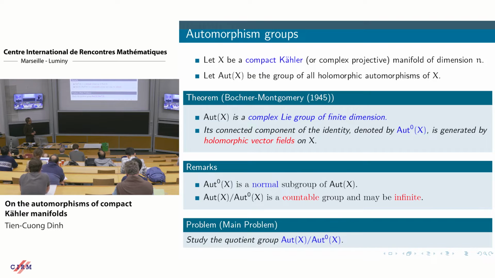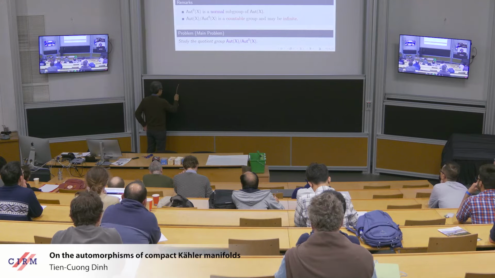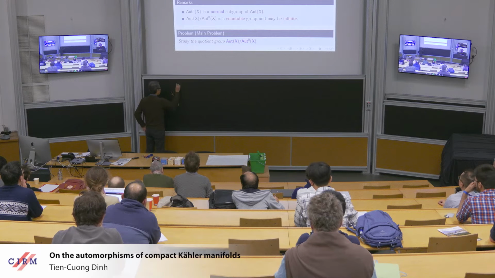By a classical theorem by Bochner and Montgomery, Aut(X) is a complex Lie group of finite dimension, but it could be disconnected. So you have a connected component of identity, Aut_0.